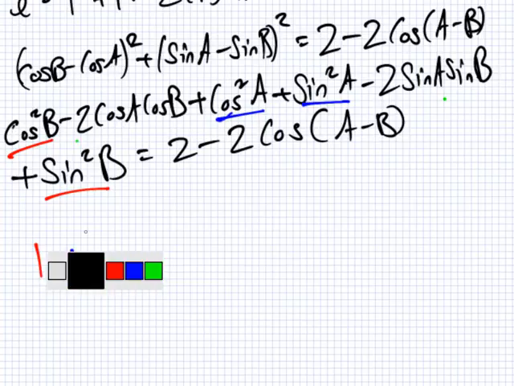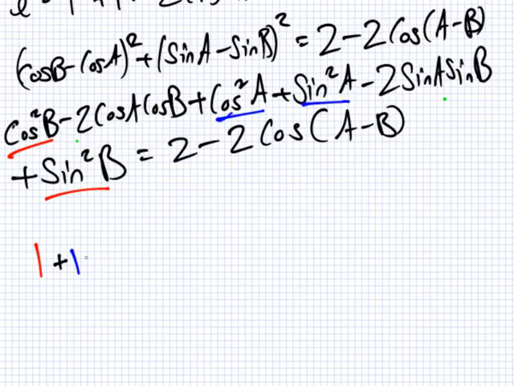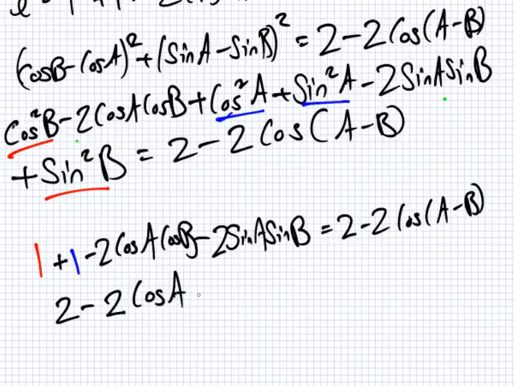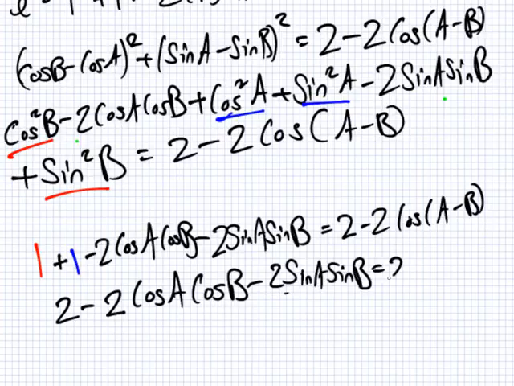So we have here 1 plus 1 minus 2 cos A cos B minus 2 sine A sine B equals 2 minus 2 cos A minus B.